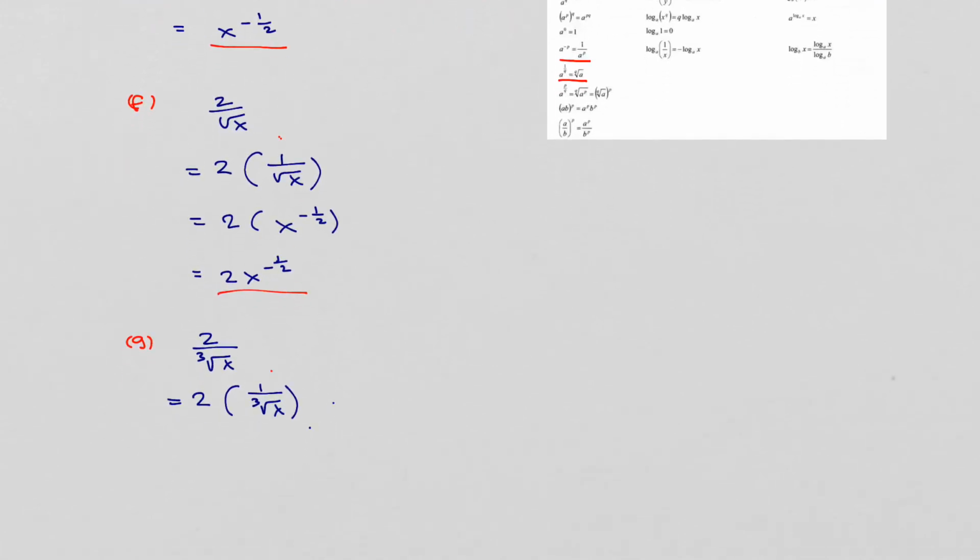Well, the root q is 3, a is x, and the power of x there is just 1. So that becomes 2 times x to the power of minus a third. So in other words, 2x to the power of minus a third is another way of writing 2 over the cube root of x.